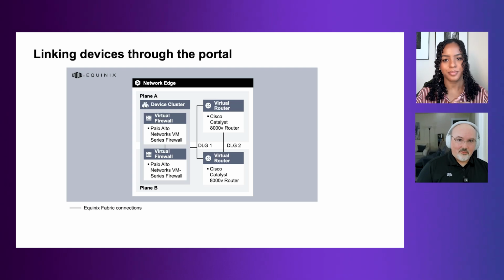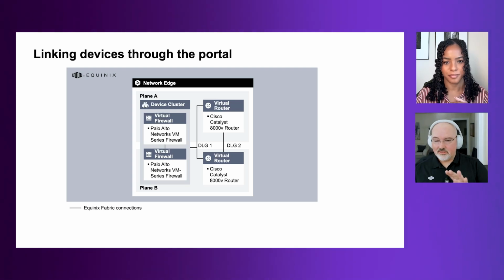So, speaking of high availability, I want to switch gears a little bit. What's actually happening during a failover? What role does the DLG really play? Right, so let's take the firewall pair as an example. You've got active firewalls here handling live traffic, with the secondary on separate planes listening in.